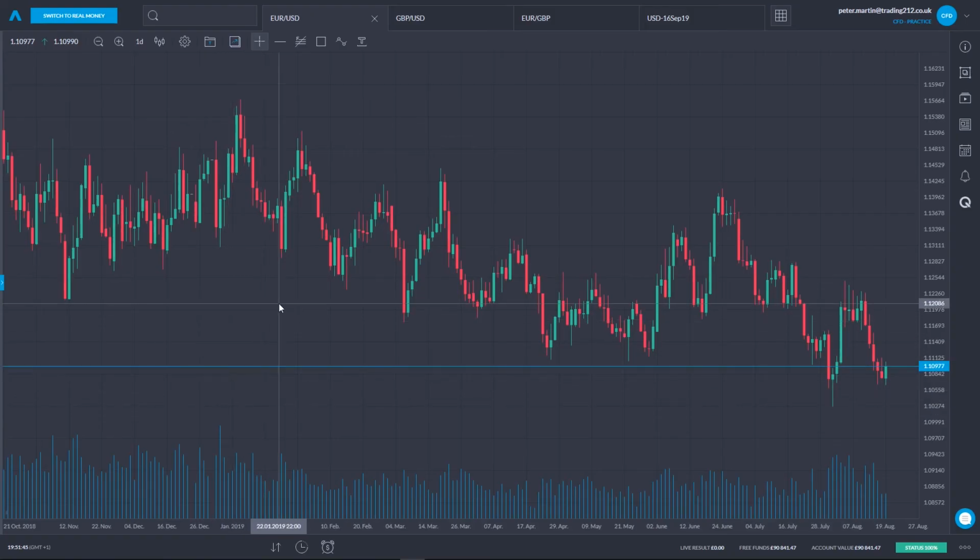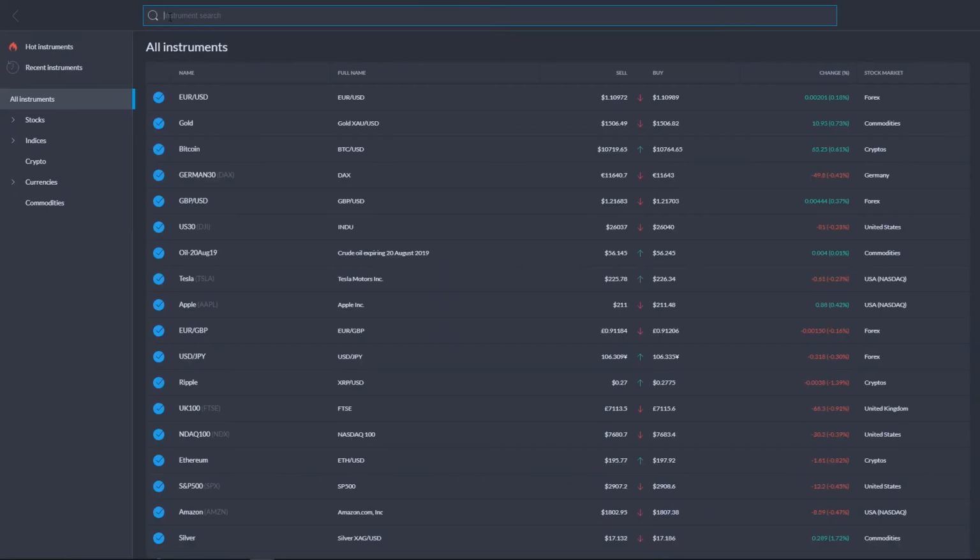So here we are in Trading 212's web app looking at Eurodollar, one of the major pairs. What I'm going to do is just go up to the top here and click in this magnifying glass icon box, which is a search box, and we get a list of all instruments. On the left, we can see though that we have stocks, indices, cryptocurrencies.